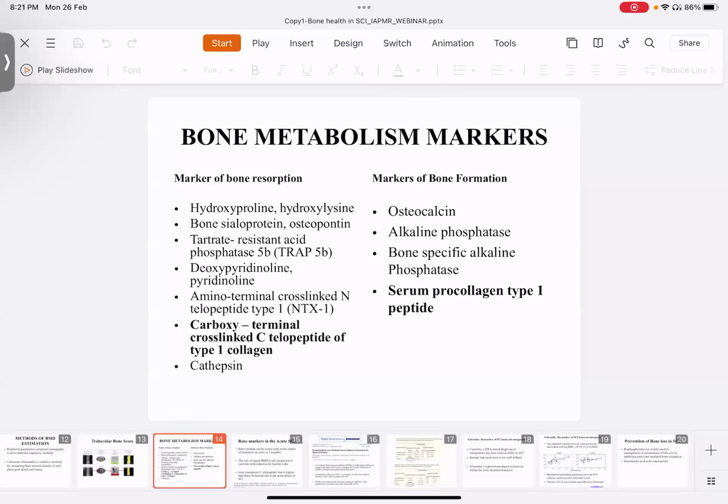The drawback is that once you stop, there will again be rapid bone resorption, and it has a remote chance of bone cancer, especially osteosarcoma. Because of all these risks, I think there are better alternatives. But teriparatide is very commonly used in fracture conditions also. Yes, sir, it is widely used.